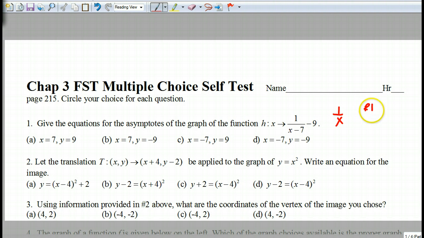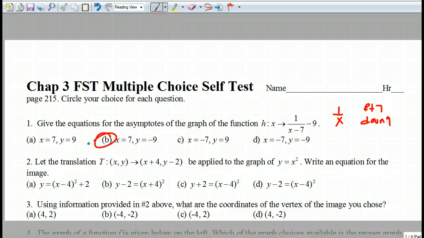Seven to the right and down 9, right? Okay, so that being the case, what are our x and y equations going to be for our asymptotes? Not negative. Yep. Yep, so it should be B. Okay?